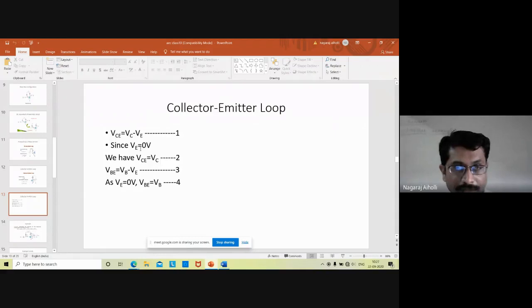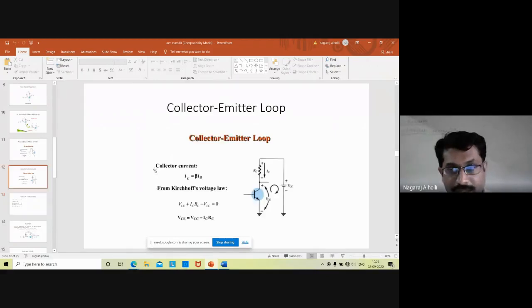But what is VE here, students? The emitter terminal is grounded, is it not? Emitter terminal is grounded, so what will be the value of VE? VE will be how much?